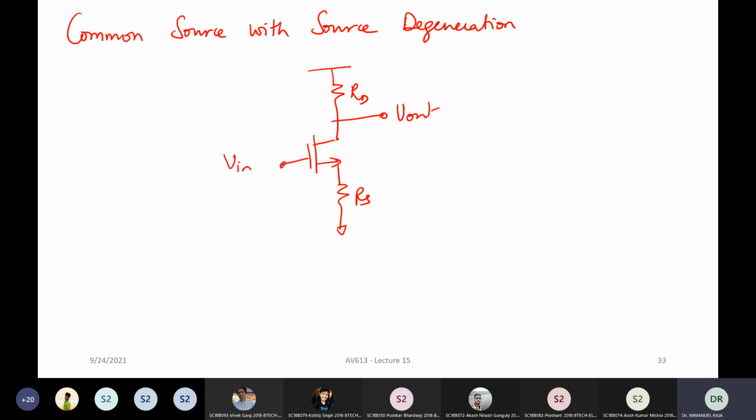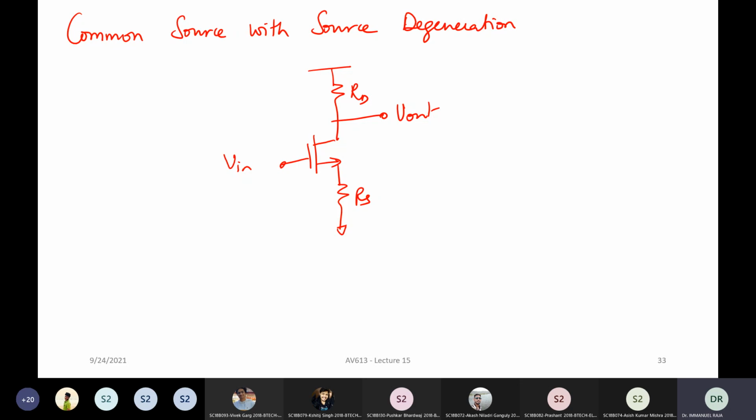When you put something at the source of your transistor, you are going to degenerate it. This is what is called source degeneration. Even in BJTs, we would have studied common emitter with emitter degeneration, right? So this is a common source with a resistor at the source.